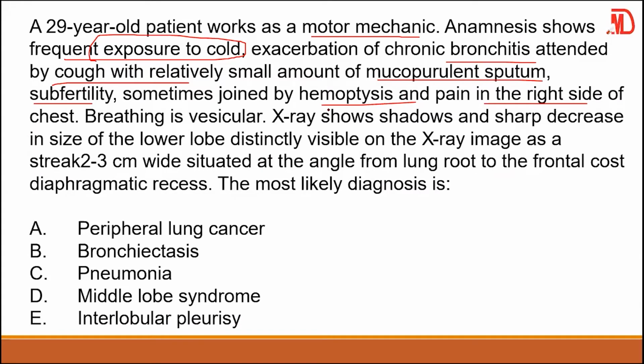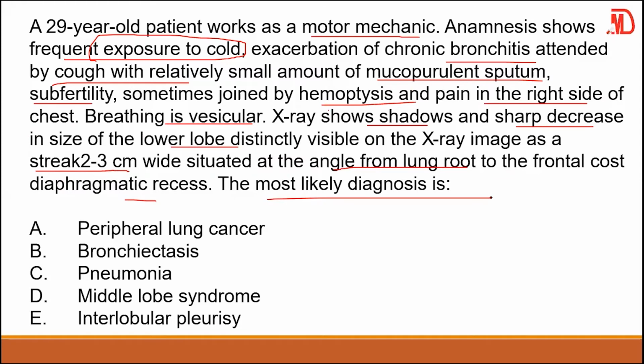So vomiting blood, that's hemoptysis. Breathing is vesicular. X-ray shows shadows and a sharp decrease in the size of the lower lobe, distinctly visible on the X-ray image as a streak of 2 to 3 centimeters wide, situated at the angle from the roots to the frontal costal diaphragmatic recess. Guys, we've done this before. What is your likely diagnosis?